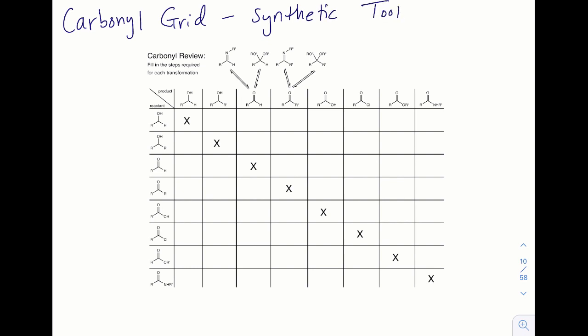It's also served as a fun organizing principle for our discussions about the reactions of carboxylic acid derivatives. We can and we have organized the grid or thought about each individual square and classified it as an oxidation, reduction, or neither. So please either get out your copy of the carbonyl grid where you've done this or do it now.